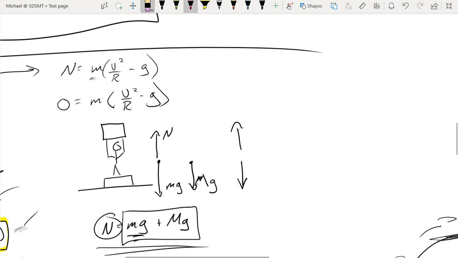But setting this equal to 0, what happens? Well, we can divide the mass out of each side, because that's going to be the first step in getting v by itself. I'm going to have to start moving terms over. But if I divide the mass over, 0 divided by mass is still 0. So the mass doesn't matter.